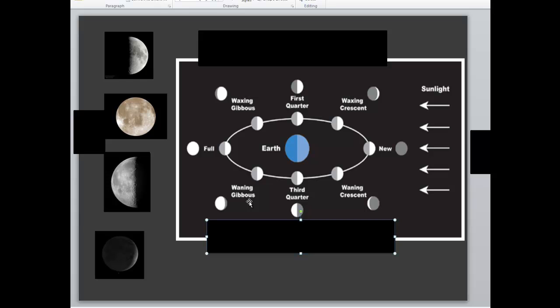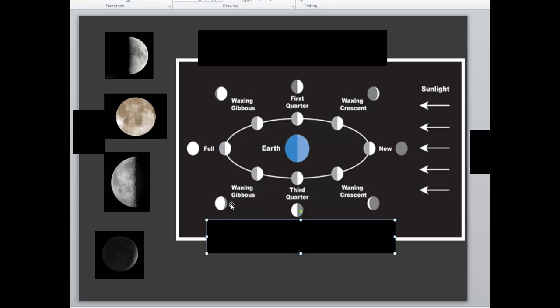Gibbous refers, I think, to the shape of what's left over, because this is the depiction of what we would see in the sky. We would see most of it, almost a complete full circle, but a little bit of shade in the way. So this is a waning gibbous, and waning means to become smaller, if you think of it that way.